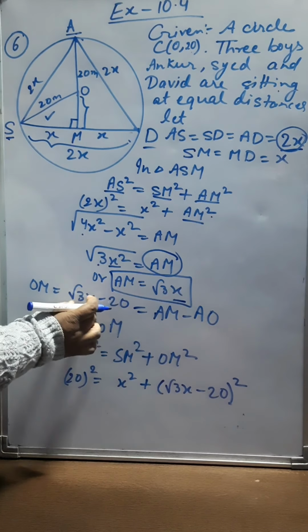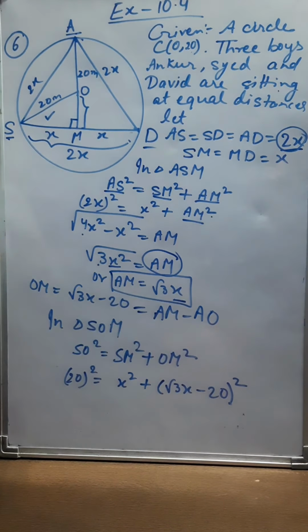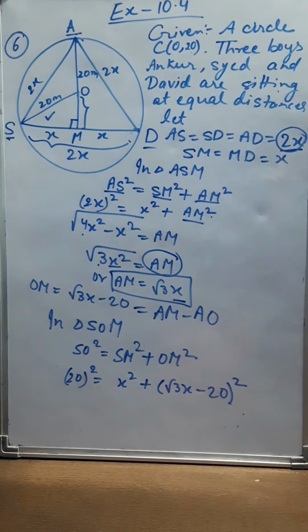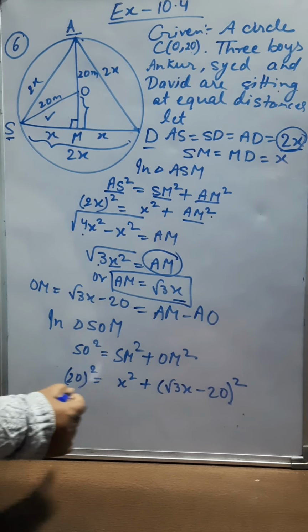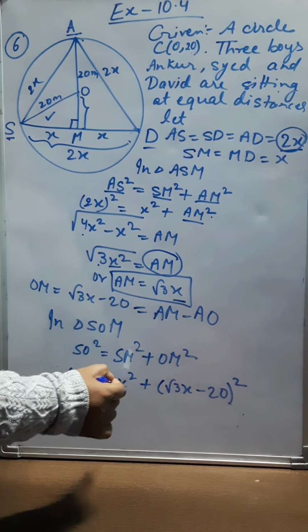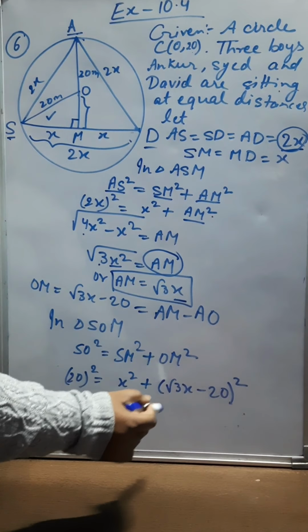AM is root 3x minus AO is 20, which we have written here. Now in triangle SOM, we can apply Pythagoras theorem. We can write SO square is equal to SM square plus OM square. Now SO is 20 square is equal to SM is x square plus OM is root 3x minus 20 square.